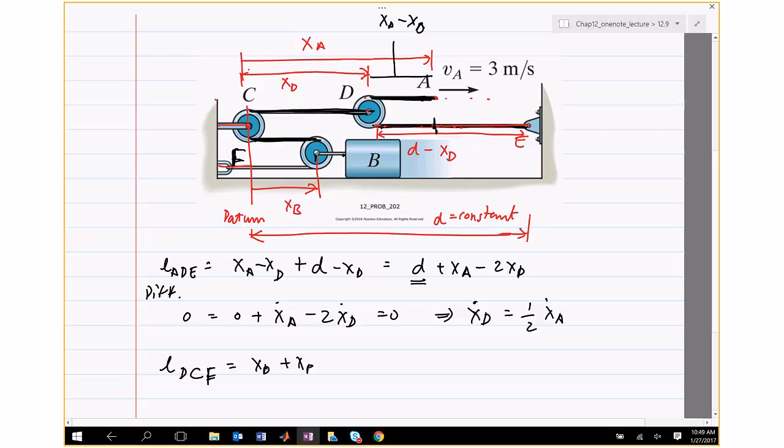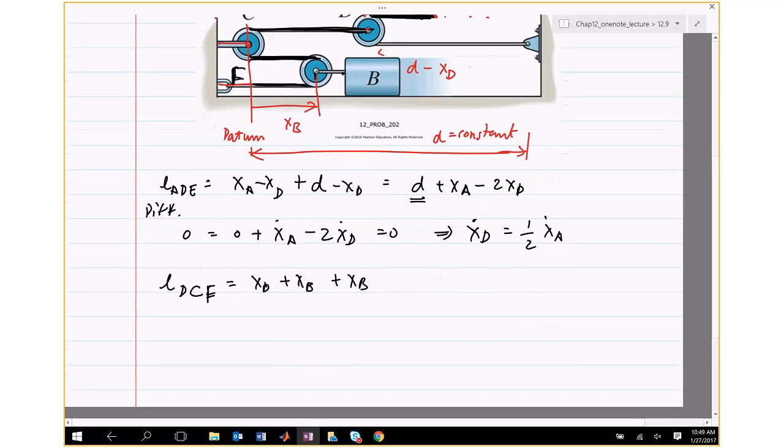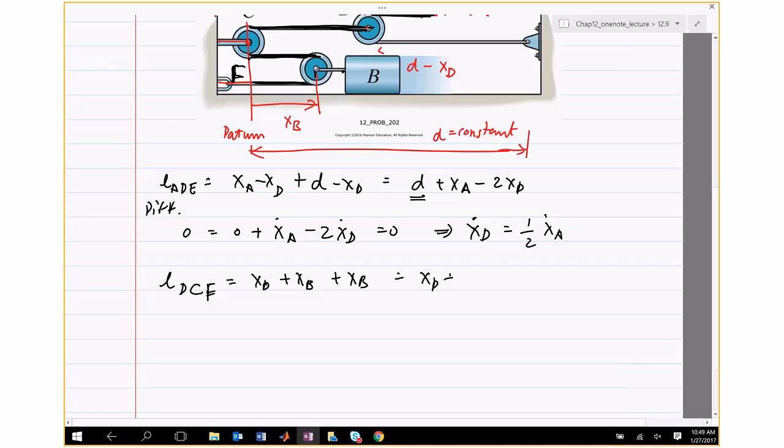Then plus this part, which is again XB. So this is going to be XD plus twice XB. Differentiating with respect to time, I get XD dot plus 2XB dot equals the derivative of DCF, which is 0. So XD dot is minus 2XB dot.